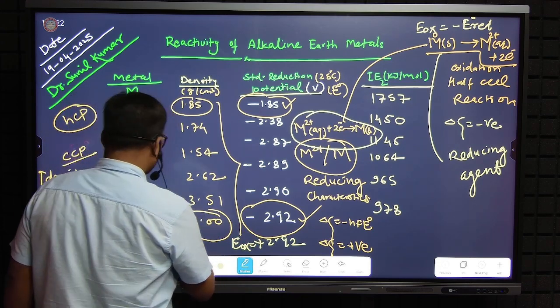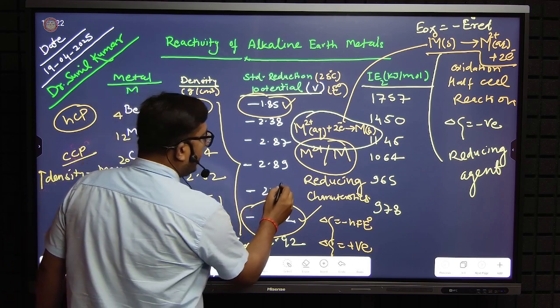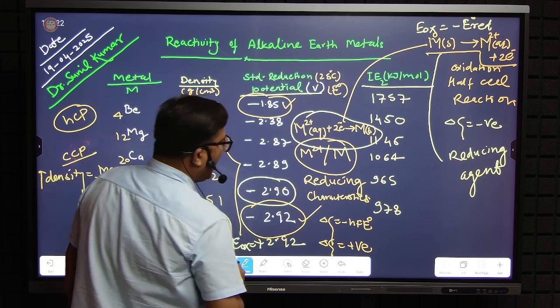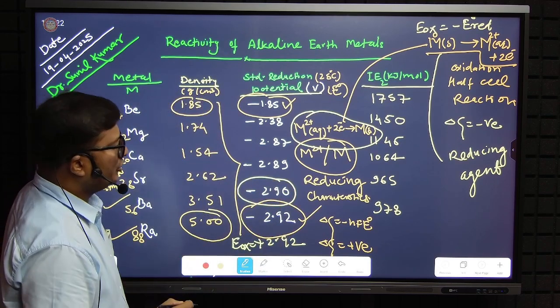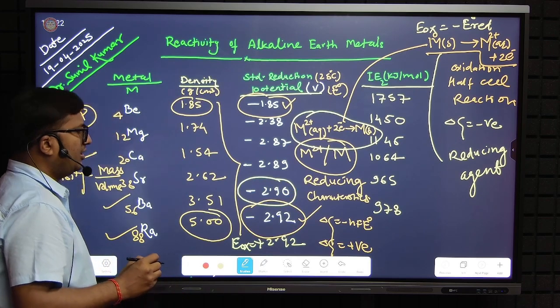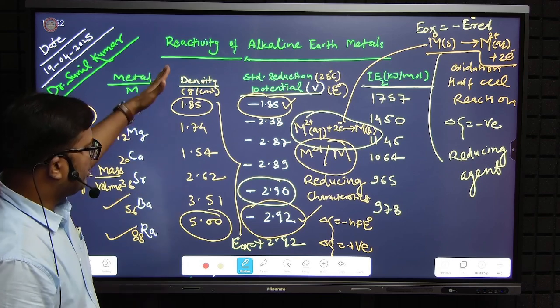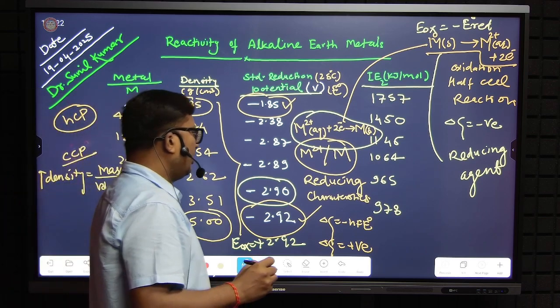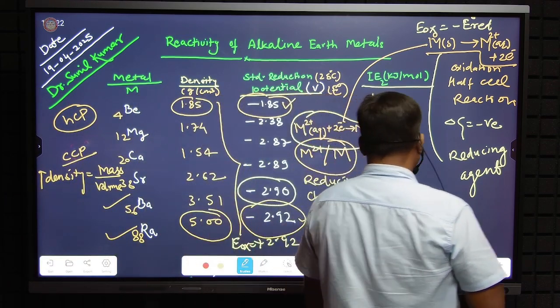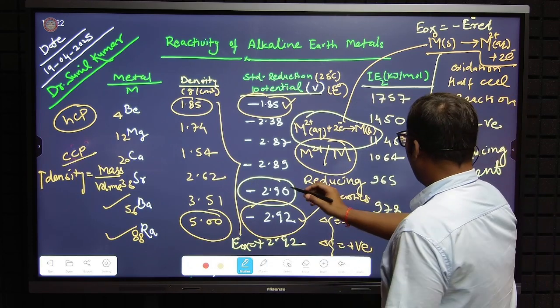That is actually barium. Barium has minus 2.90, which is the second largest negative value in this particular group. So it has the second largest positive value.